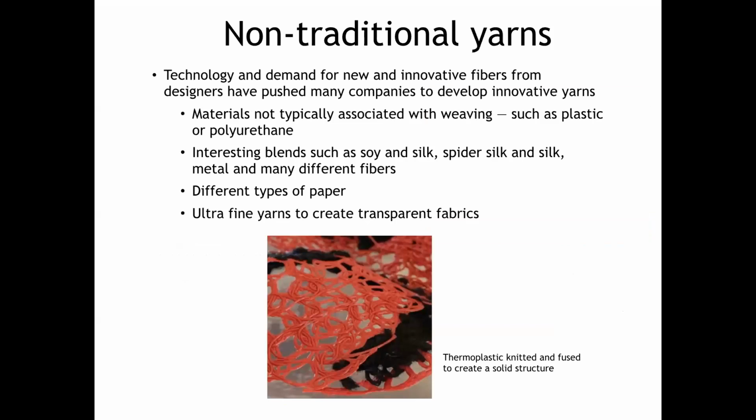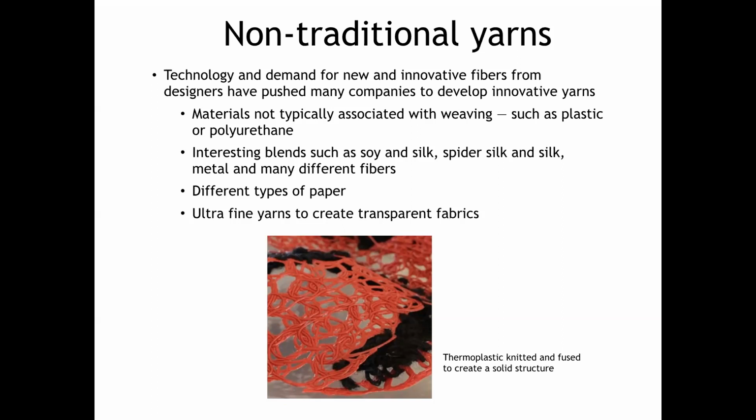And then you start getting into a totally different category of yarns that I call non-traditional materials. These are yarns that come out of totally different industries, that have been produced for the automotive industry, as an example. And they have been integrated in all sorts of innovative fashion designs.